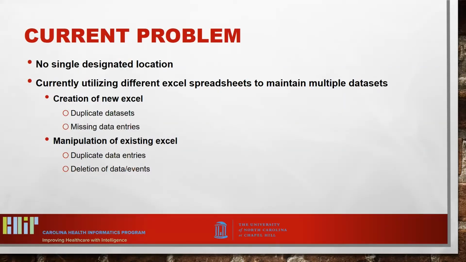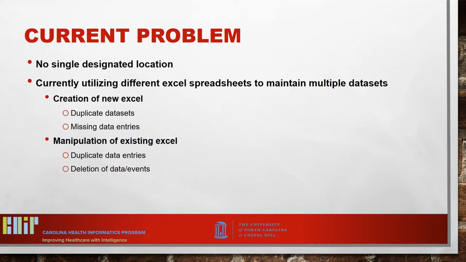So our current problem: for many years, data at ERIC Forsyth site for the AFU team has been tracked and communicated through multiple Excel spreadsheets. This often gets troublesome, especially when there's no designated location for these spreadsheets and multiple people are accessing them at times.